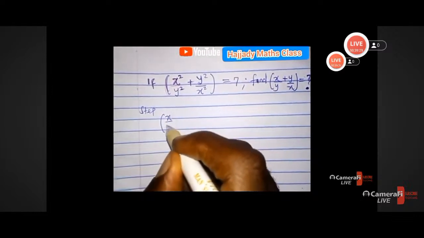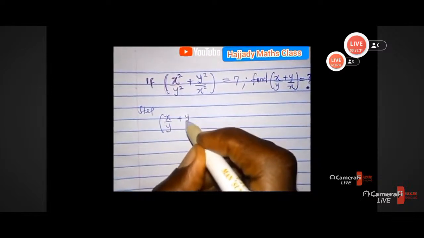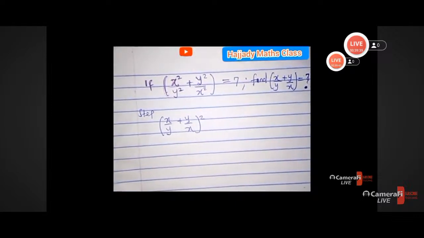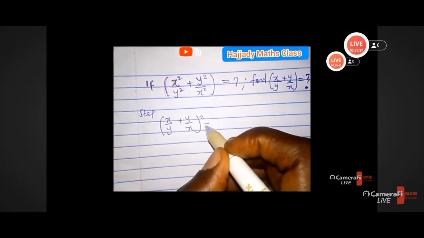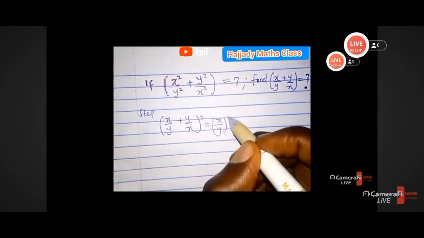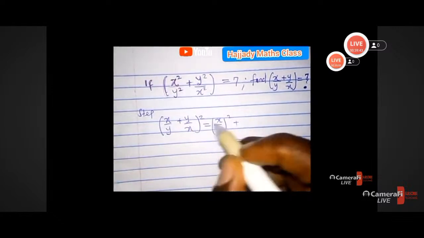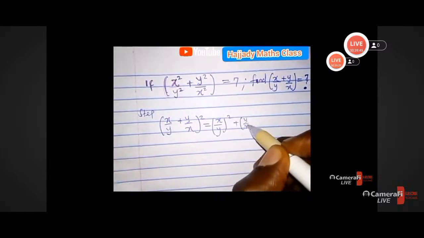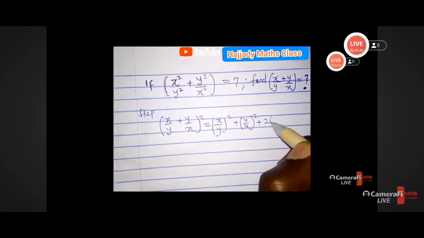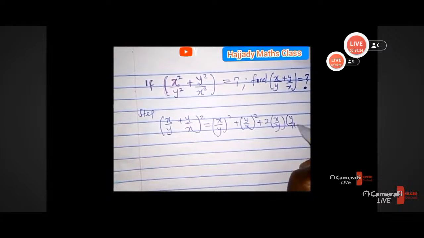If you have x over y plus y over x all squared, expanding this, we are going to have x over y all squared plus y over x all squared, and also 2 times x over y times y over x.